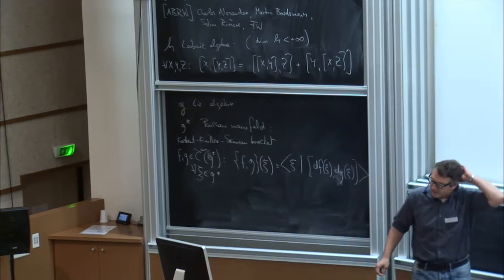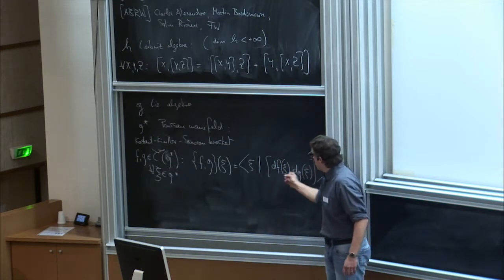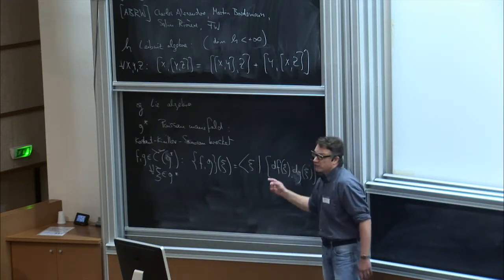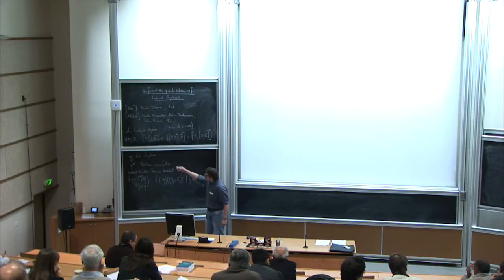These are linear functions on the dual of G, so they can be identified with elements of the Lie algebra. You take the bracket and you evaluate on xi. This gives a Poisson bracket.